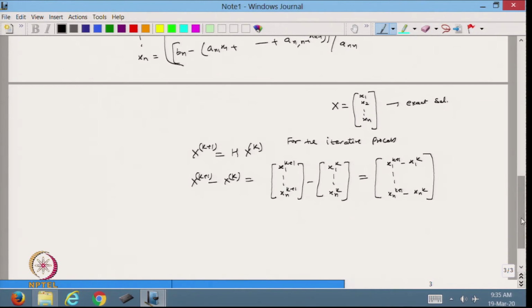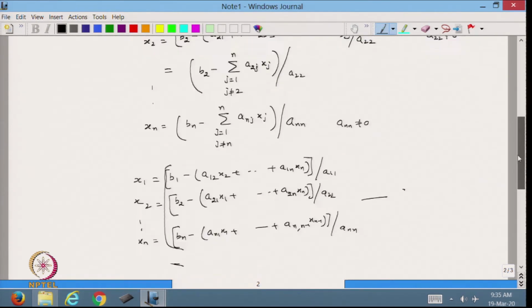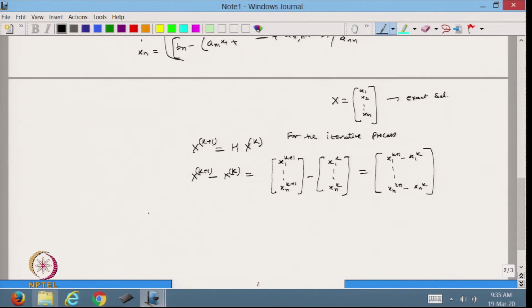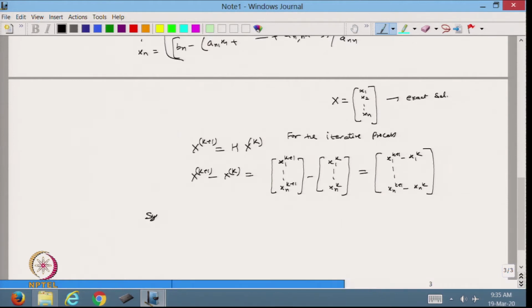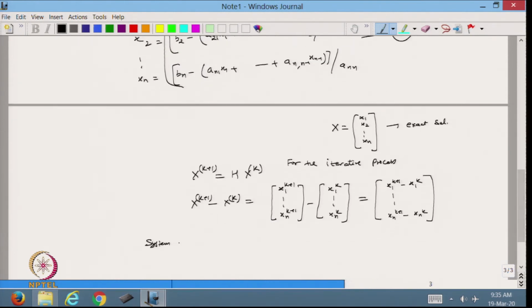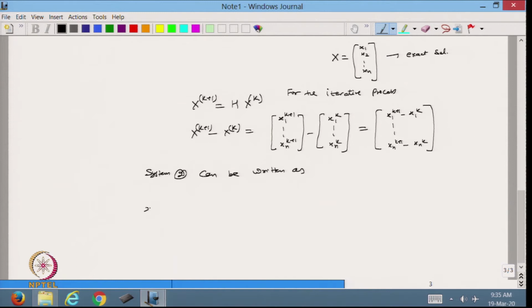Now, from the above I can write my system, equation 2, as follows. x1(k+1) can be written as b1, so there is no change in b1.